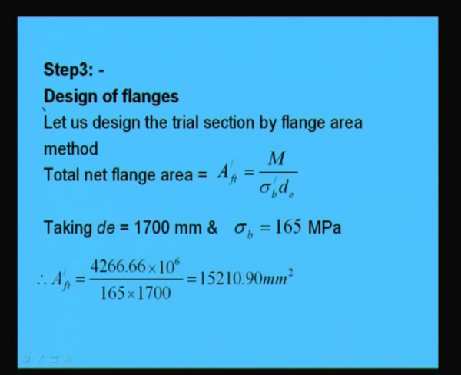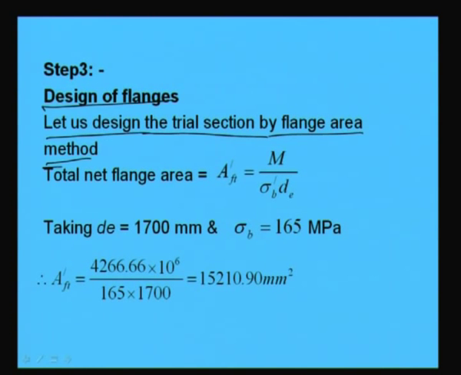Next we will go for the dimension of the flanges, means how to find out the flange width and flange thickness, right. Now, let us design the trial section by flange area method, okay.